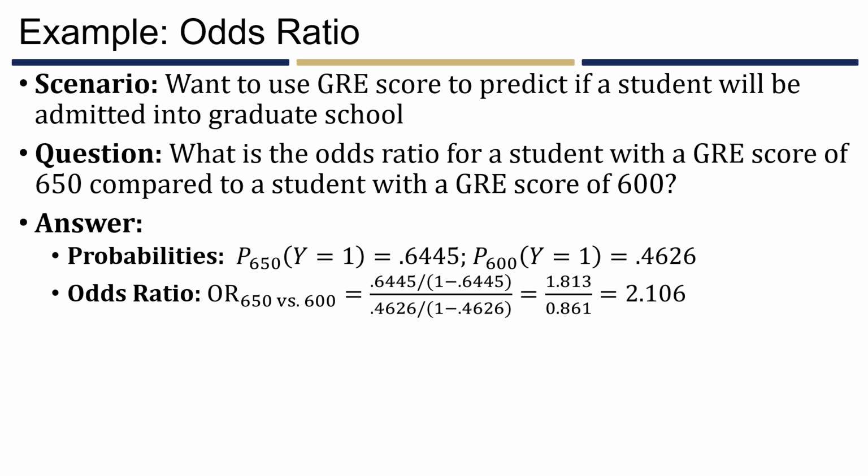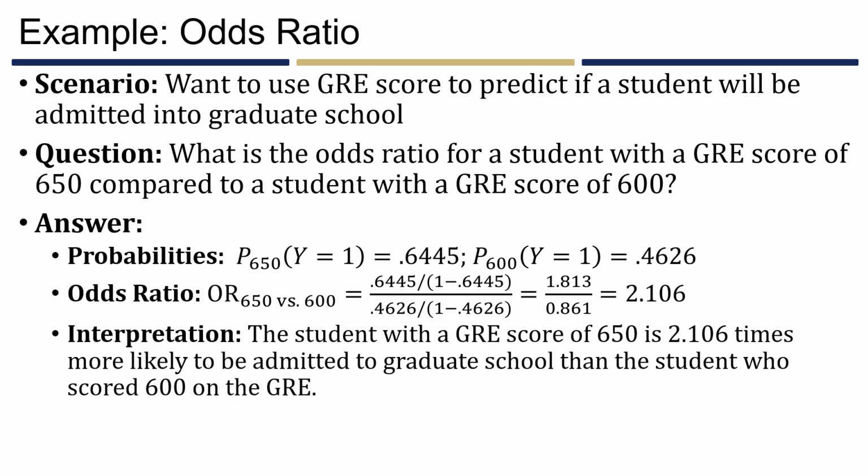So our final odds ratio comparing the students who scored 650 and 600 is 2.106. What this number means in context is the student who scored 650 on the GRE is 2.106 times more likely to be admitted to graduate school compared to the student who scored 600 on the GRE.